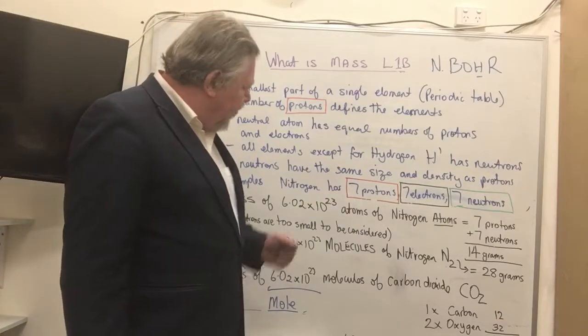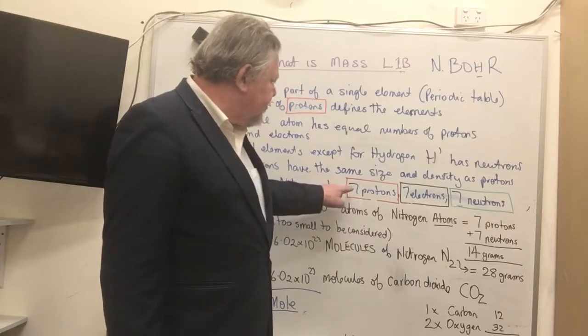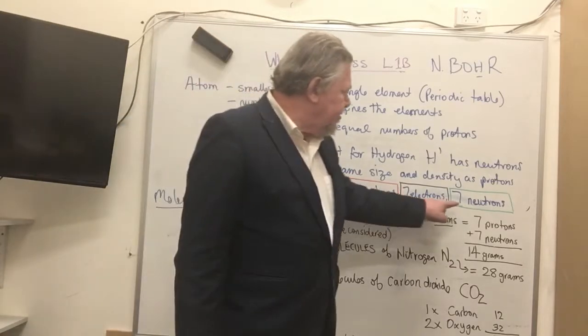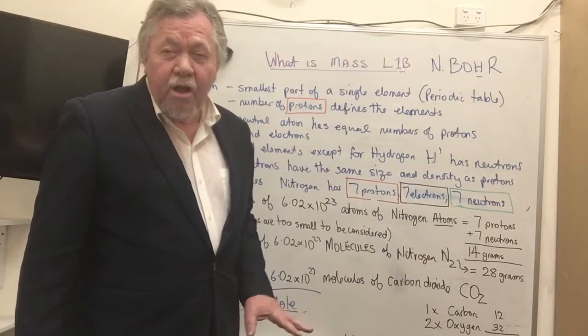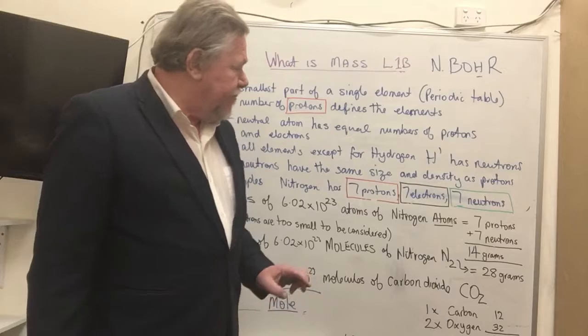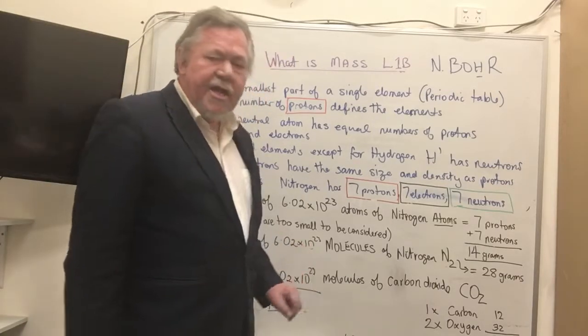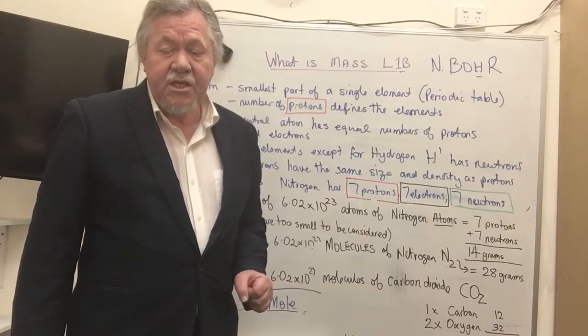So let's have a look at what if it was helium. Helium has 2 protons. Helium has 2 neutrons as well. So that makes 4. So if I have this many atoms of helium, then I'm going to have 4 grams.